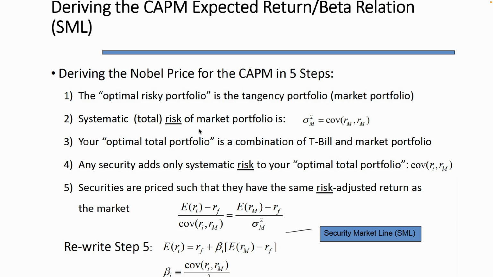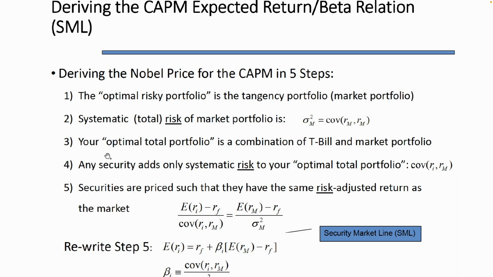And what is market risk? It's the variance of the market's return, sigma square m. If I wanted to, I could write that as the covariance of Rm with Rm, which is fine. Because also big sigma is called the covariance matrix. Because on the main diagonal, I have sigma i with sigma i.